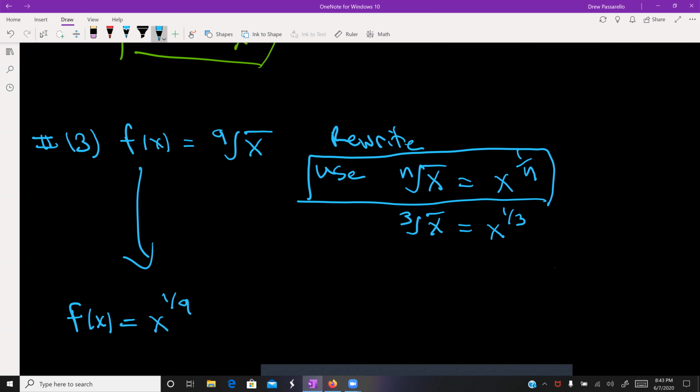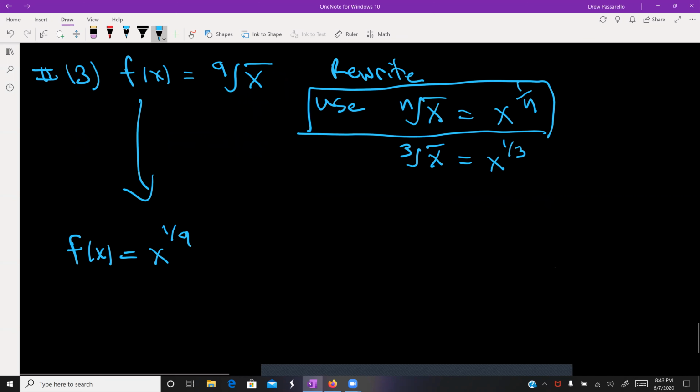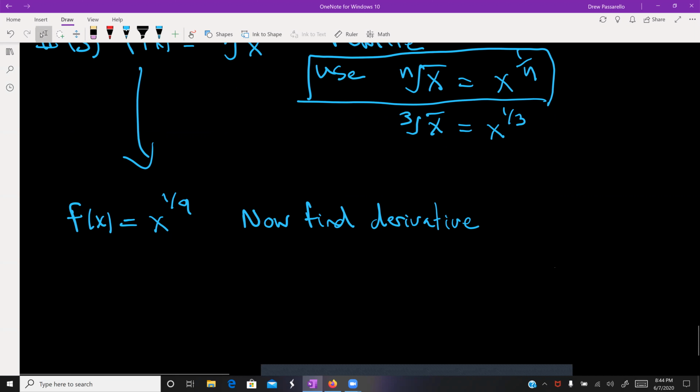Then I'll take the derivative. Since in this case I have f of x, the derivative is going to be f prime of x. The other examples I had y, and I changed it into y prime. So in this case, it turns into f prime of x, and then equals, I'm going to use the power rule.